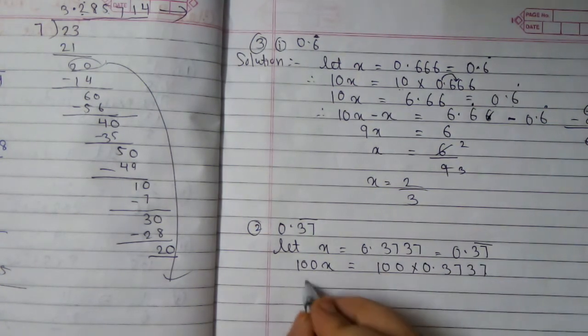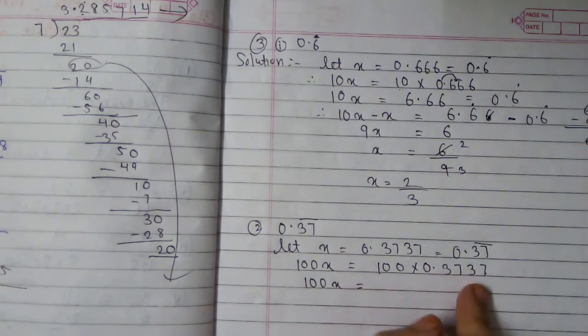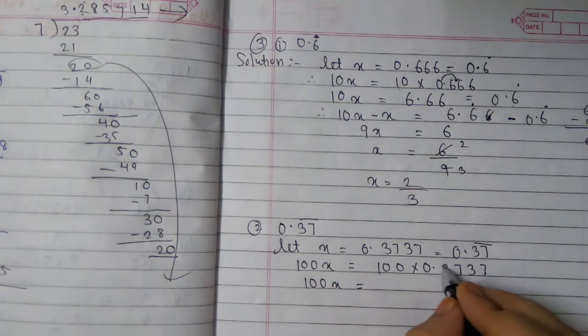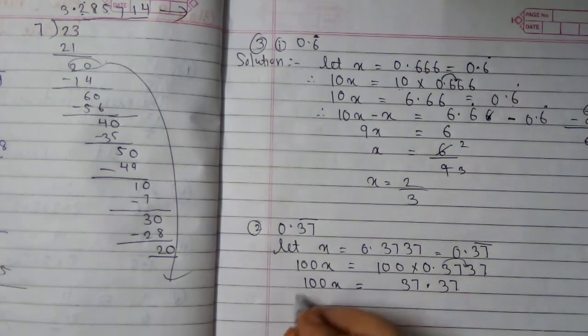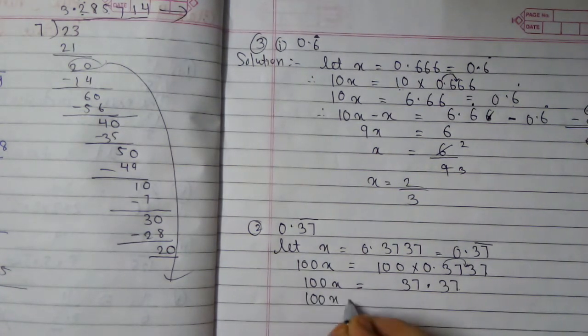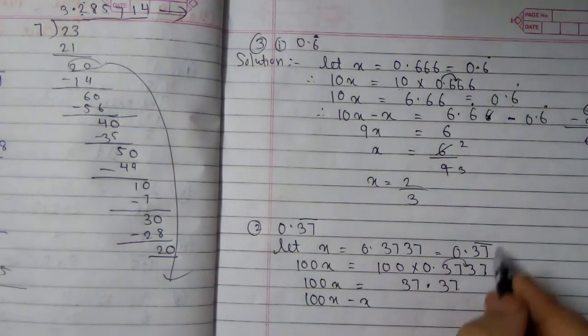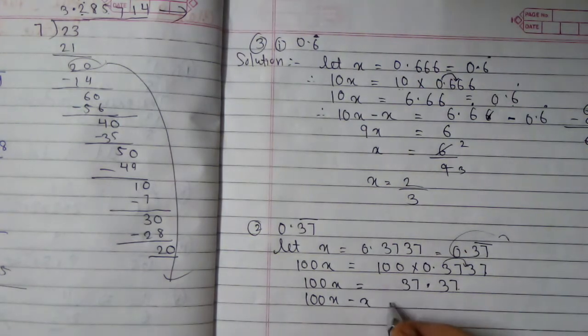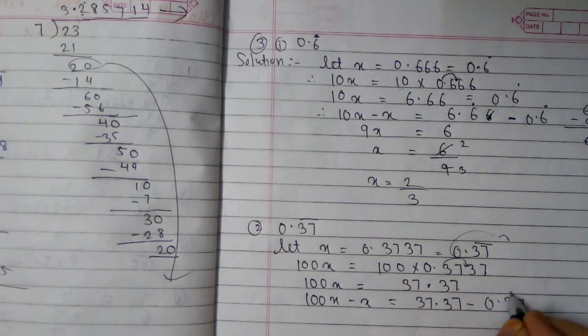So 100x equals, the decimal shifts after two digits, 37.37. Then 100x minus x, where the value of x is 0.37, gives 37.37 minus 0.37.